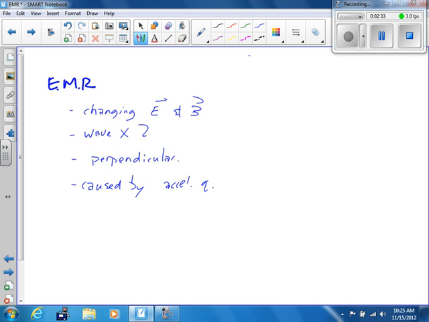Yes. So why does a charged particle moving at a constant velocity not generate electromagnetic radiation? What's the difference between the electric and the magnetic fields generated by the charged particle moving at a constant speed versus the charged particle that's accelerating? Tough crowd this morning.